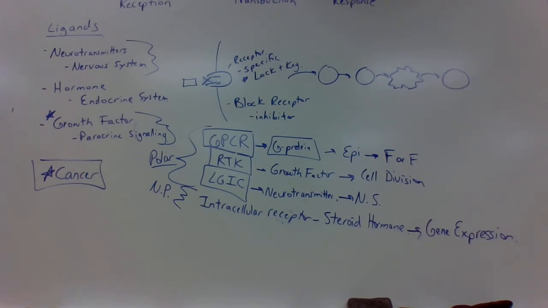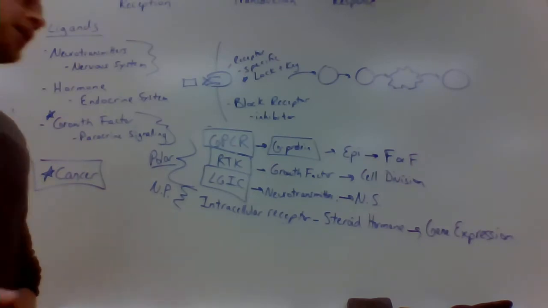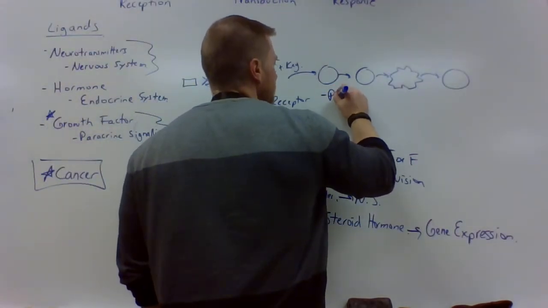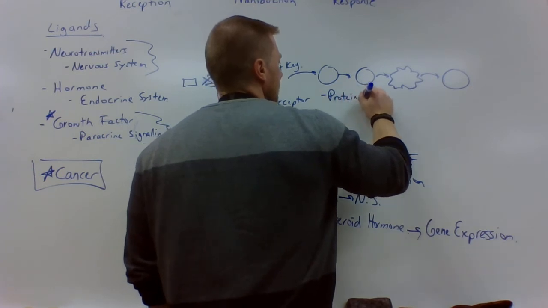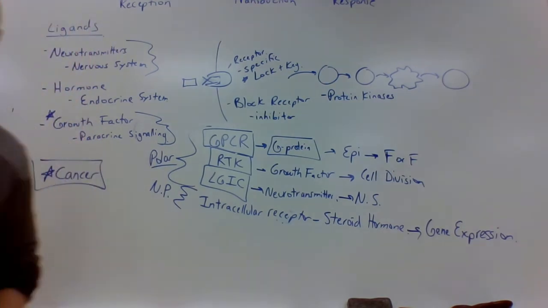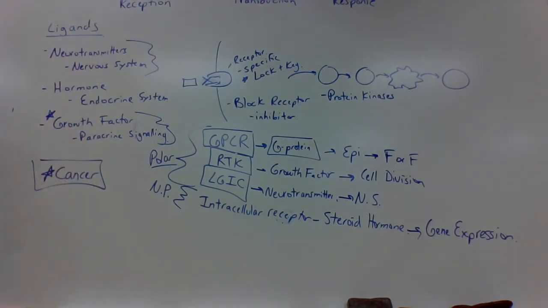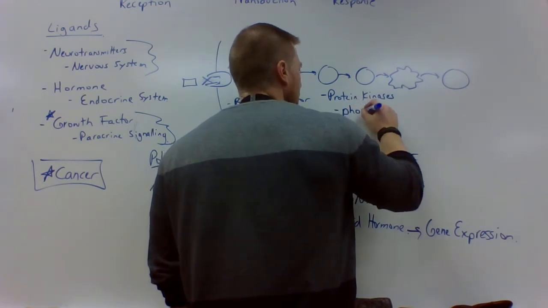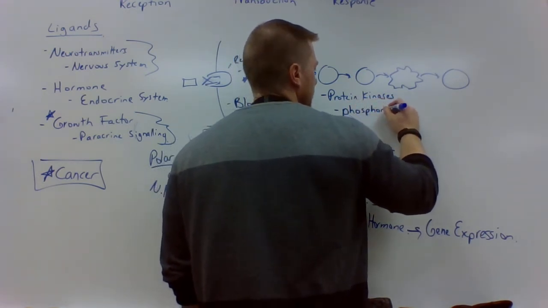When the message is relayed, it's going to relay using a couple of different things. Number one, it's going to be relayed using protein kinases. And we learned that protein kinases get activated through phosphorylation.